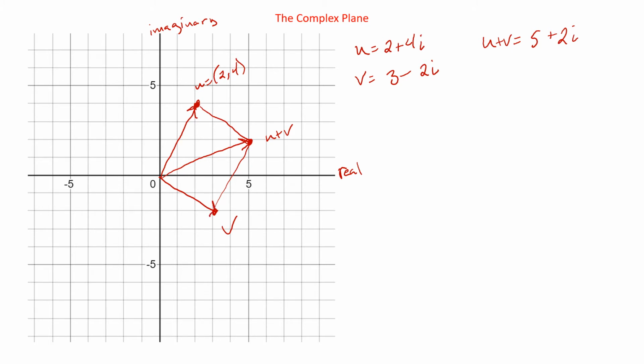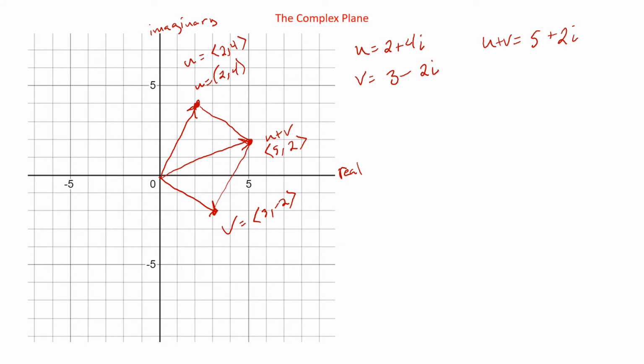So u, instead of just 2 comma 4, it's 2 comma 4 because we have the horizontal and the vertical components. v is 3 comma negative 2. The sum of the two is 5 comma 2.